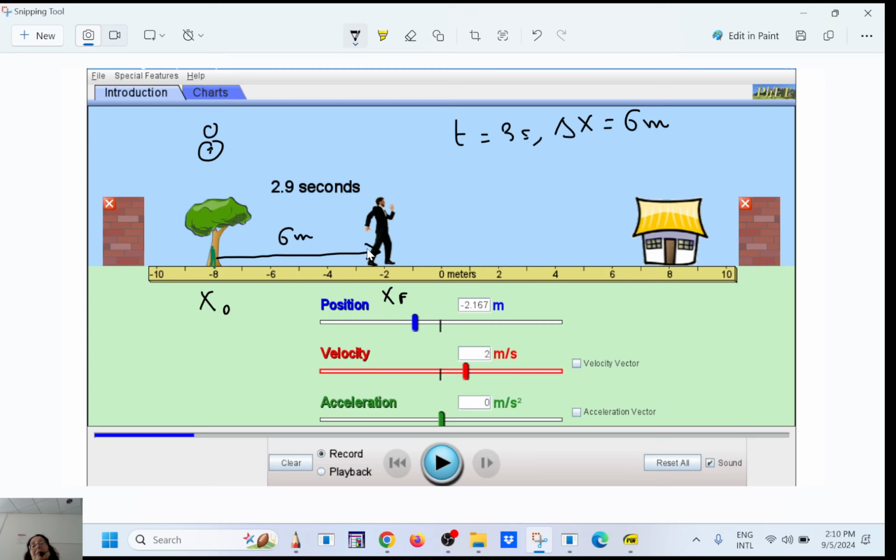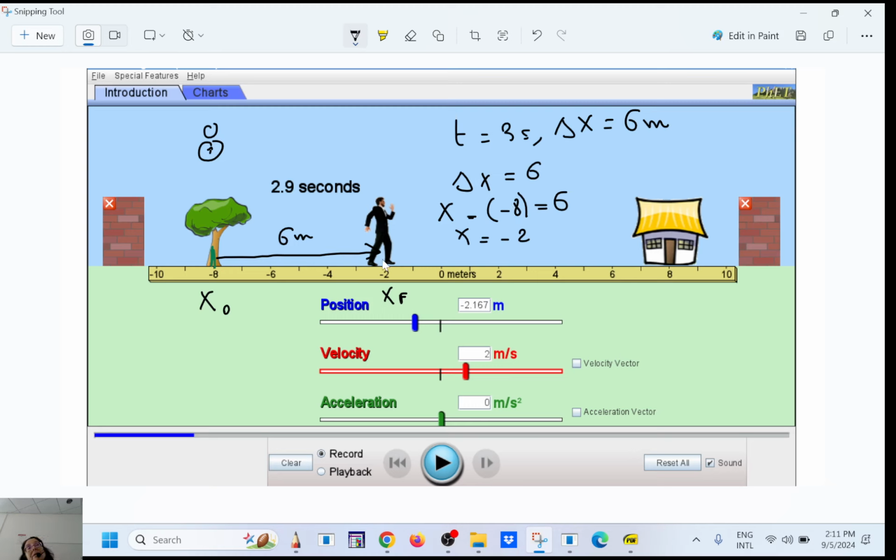So 6 meters is your displacement, but the location on the number line is different. Delta x equals 6, so final position minus initial position: x minus -8 equals 6. So x will be -2. I don't need to do that, you can see that here.